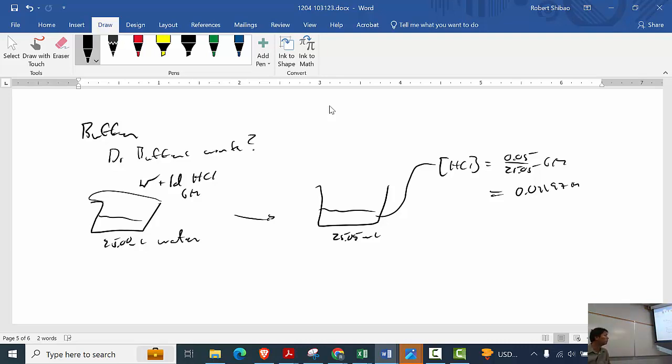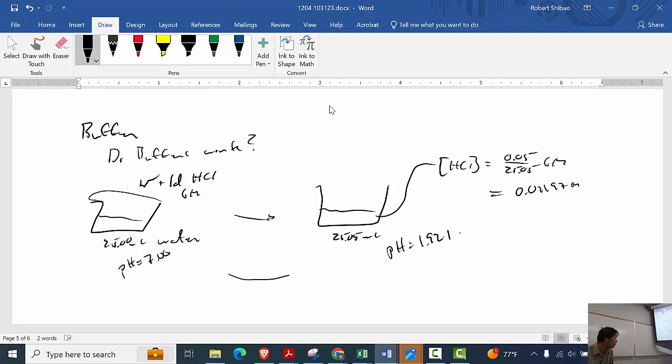So pH 1.921. So if you have 25 milliliters of pH 7 water and you add a single drop of HCl 6 molar, that's the pH? Yeah. And so the pH went from 7.00 to 1.92, around 2.